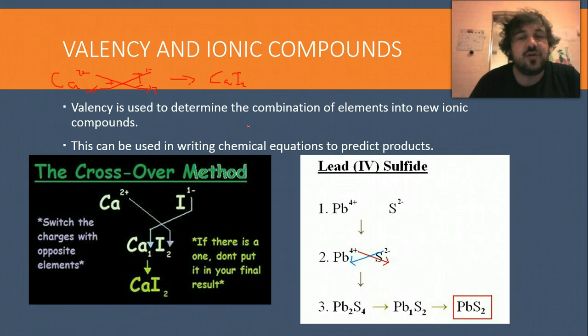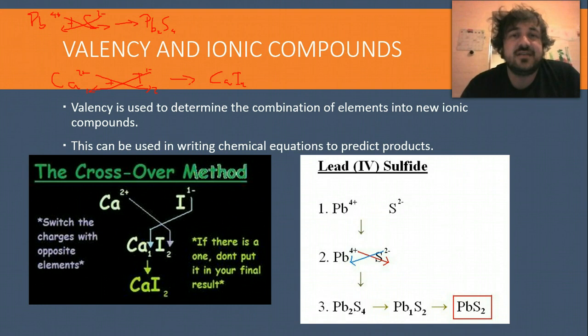Now sometimes it gets a bit more complex. Lead 4 sulfide. If you see here, we go Pb, and it's 4 plus, sulfur, which is 2 minus. If we do the crossover, what that actually gives us is Pb2S4.